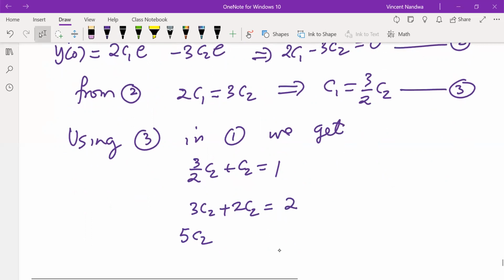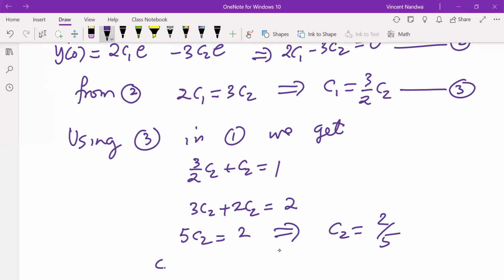So 5c2 equals 2, which means c2 equals 2 over 5. And then c1 will be 3 over 2 times 2 over 5, which is 3 over 5.